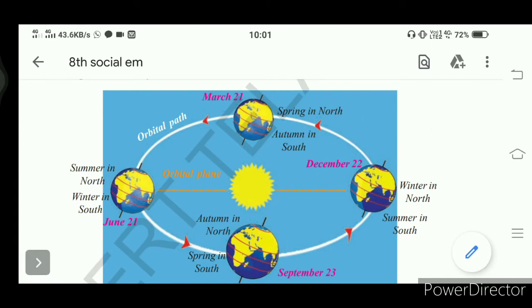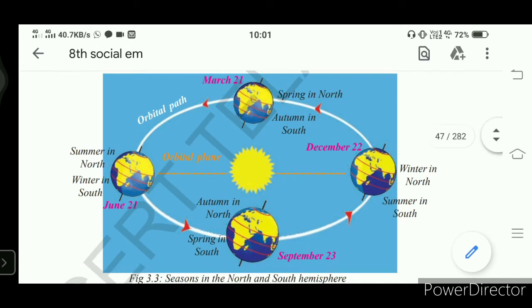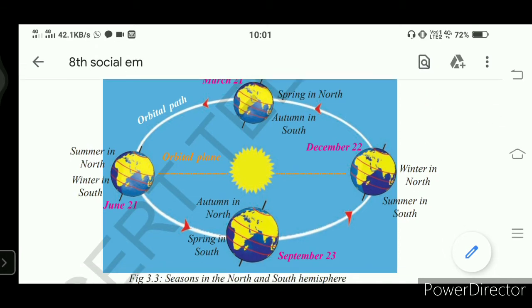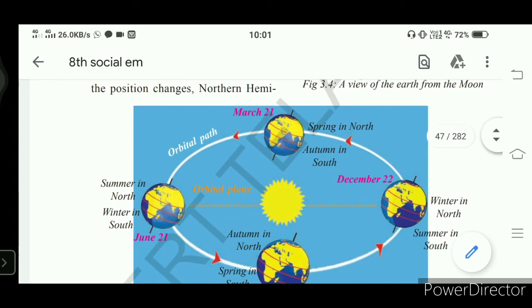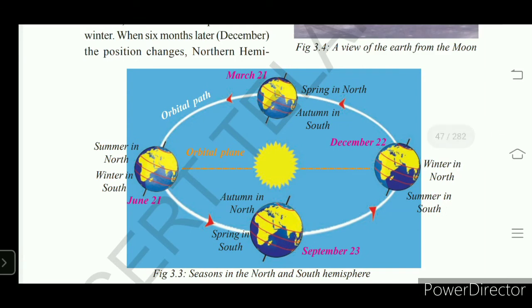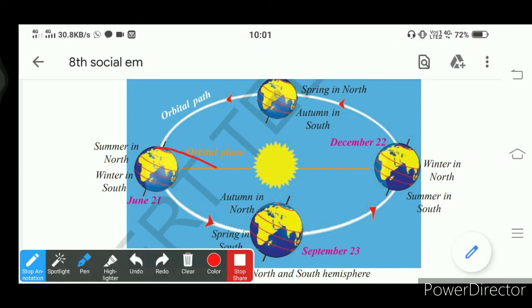On March 21st and September 23rd, throughout the world, we see that day and night are equal. So these are called equinoxes. We call them equinoxes. Which ones? March 21st and September 23rd.